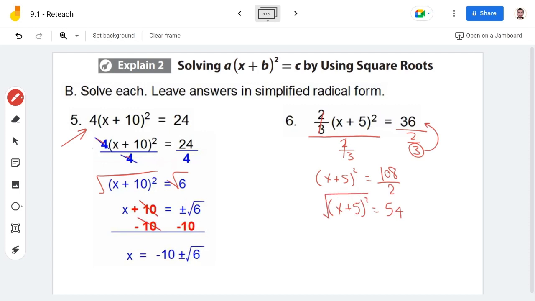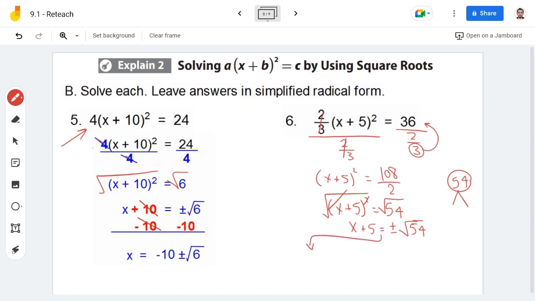Now use the square root for both of them, to remove the square. So x plus 5 equals, what's the square root of 54? We can't simplify the square root of 54 exactly, but we can find the factors. If you can't find them, it's fine, or you can keep it like this.